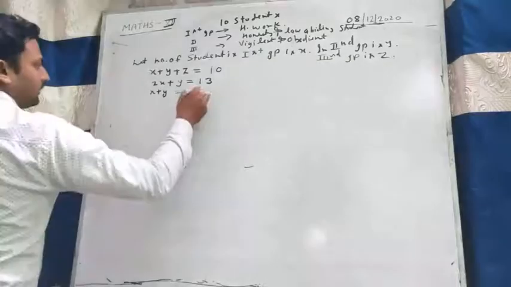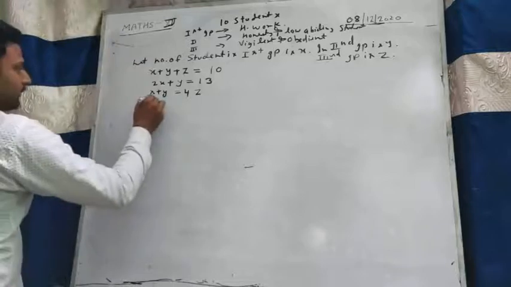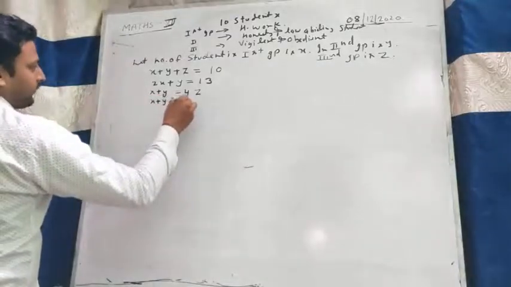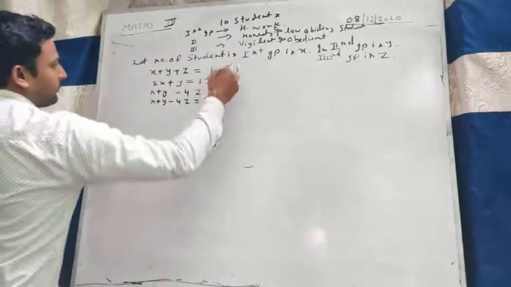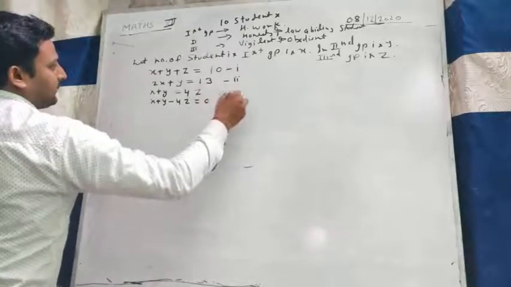So it will be X plus Y minus 4Z equal to 0. So first, second and third.